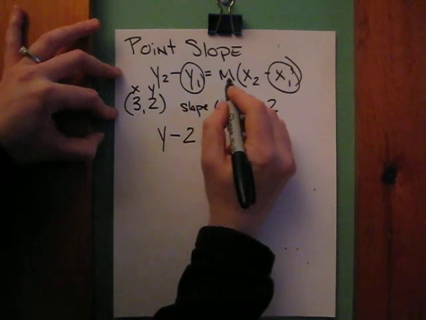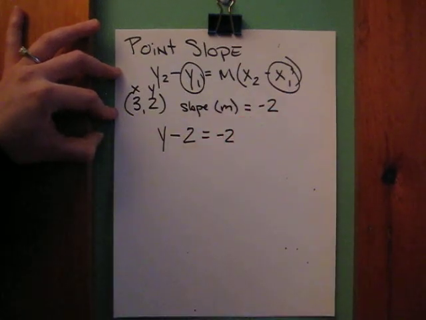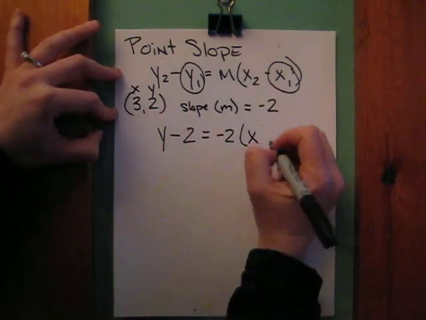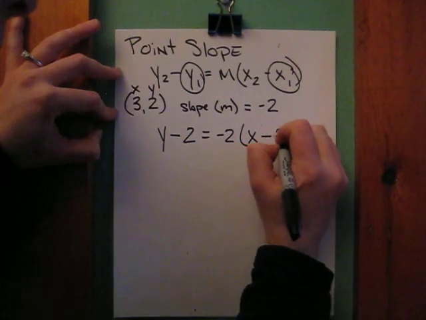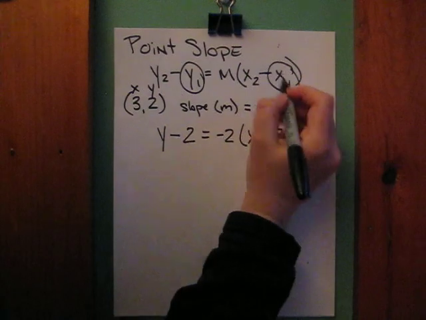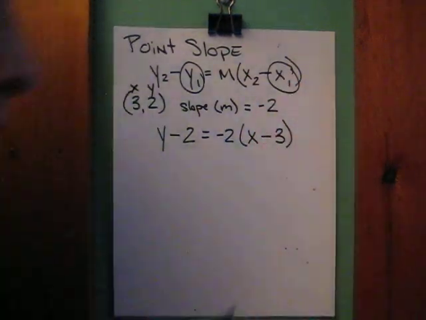Now, I have my slope m, -2. I'm going to leave this x there, because every equation has an x and a y, and I'm going to put in -3. Now, remember, the equation has a minus in it. That's why it's a minus.